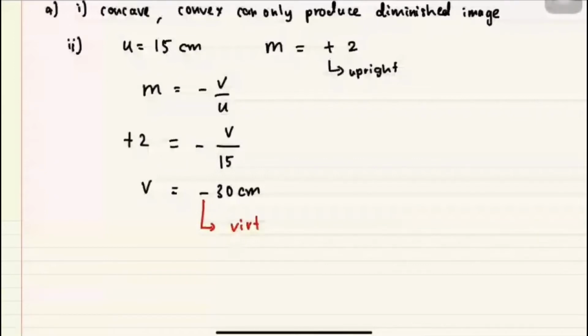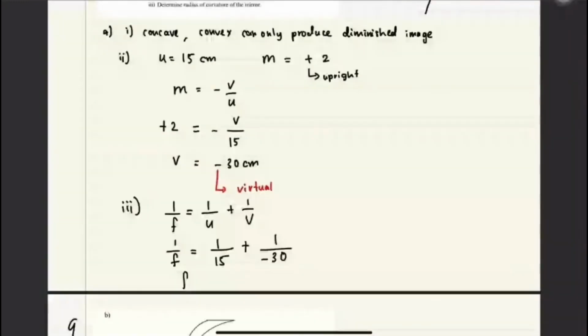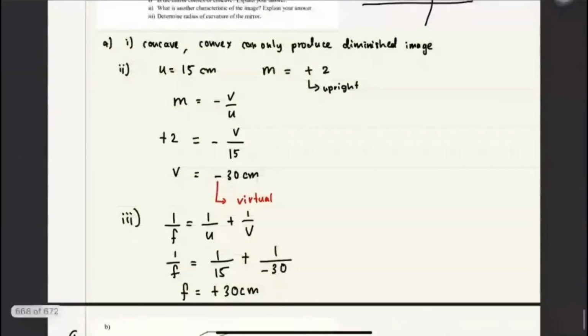This one is apa F ni, 1 over 30 dah kan, F dia adalah positif 30. Okay, here the positive indicates that it's actually a converging mirror, which means that it is actually a concave mirror. Okay, but the question want to find R, so R is equals to 2F, so R is equals to 60.